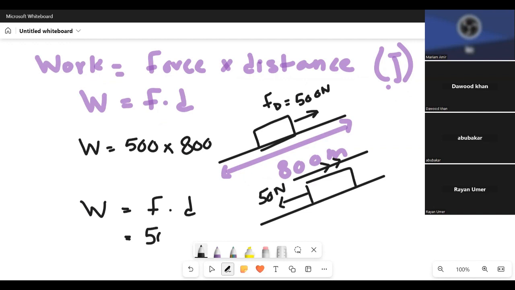So it's 50 times 800. If the question asks for the work done by the driving force, then you use the driving force times distance. And if the question asks for the work done by the resisting force, then you use the resisting force in place of F times distance.